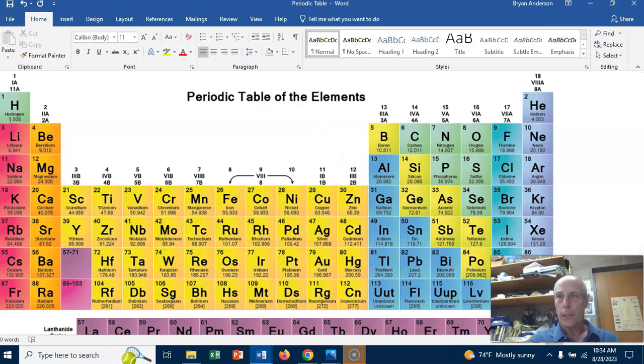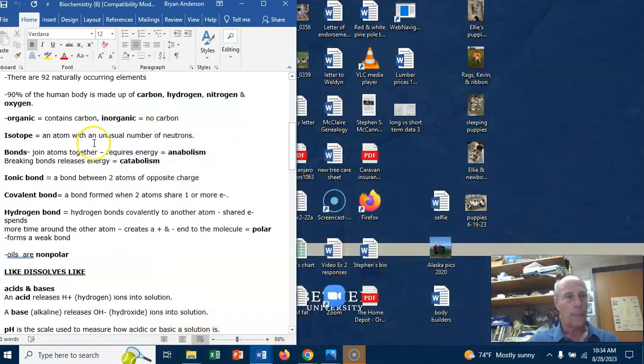Okay, bonds are next. We talk about ways that atoms are joined together, and I've got anabolism and catabolism here. I want you to remember this principle right here. If you join 2 atoms together by creating a bond, you have used energy. It requires energy.